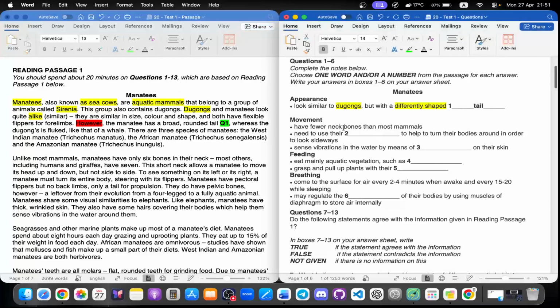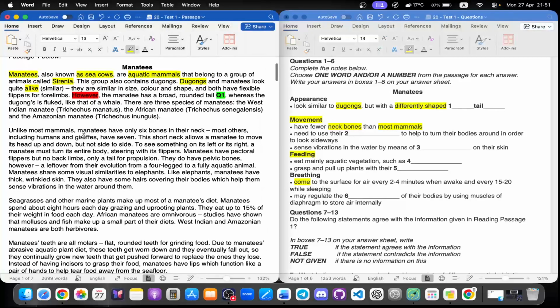So you have movements. Underline that: movements, feeding, breathing, and similar. Unlike most mammals, manatees have only six neck bones. Most others, including humans and giraffes, have seven.